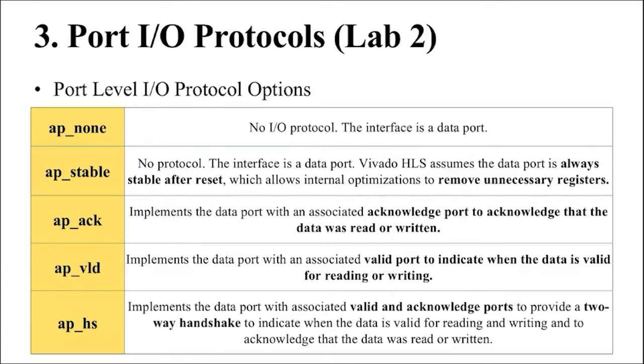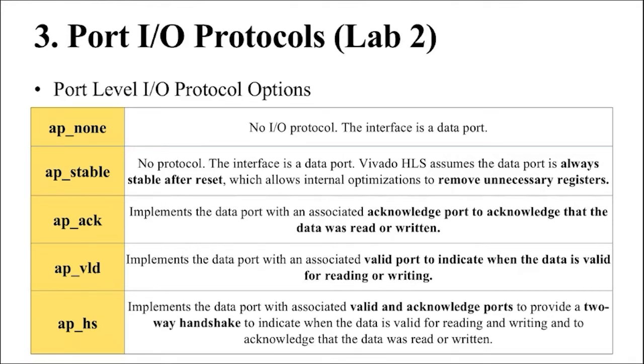AP acknowledge means with the data port, there's another associated port to let the outside tell the design that the data has been read or written. And AP valid is that the data port comes with another valid port to tell the outside that the data is ready for reading or writing.